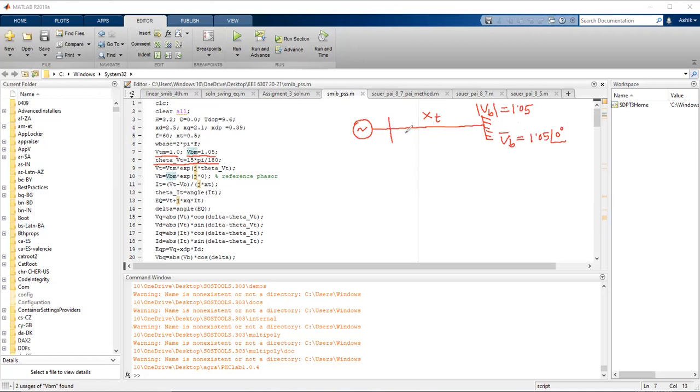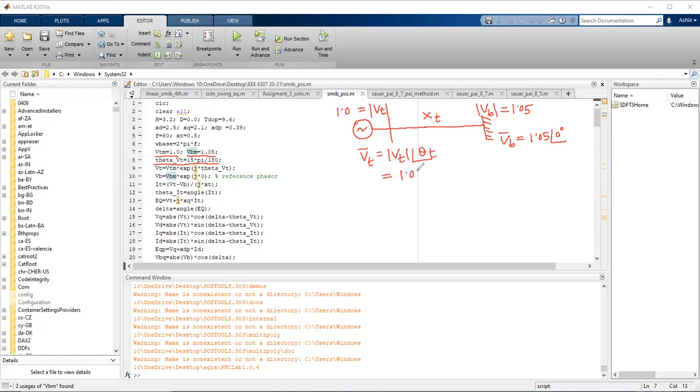You don't have any PT and QT value available here, but instead you have the value of VTM, and that is 1.0. And of course you have theta VT, that is, VT is represented by VT angle theta T, and that is 15 degrees, given in the problem statement.